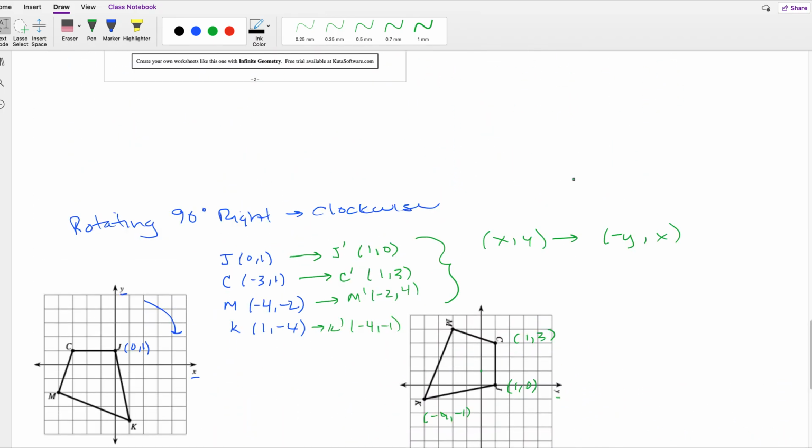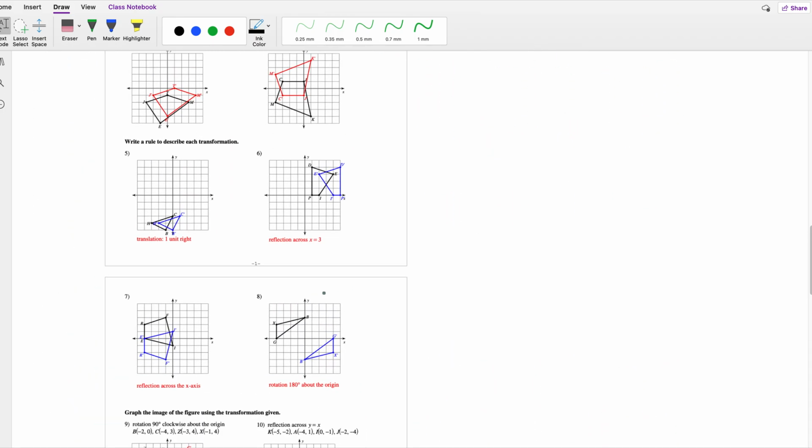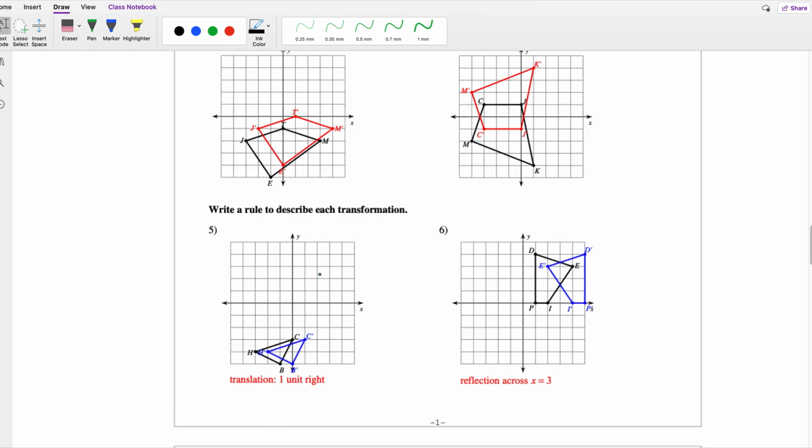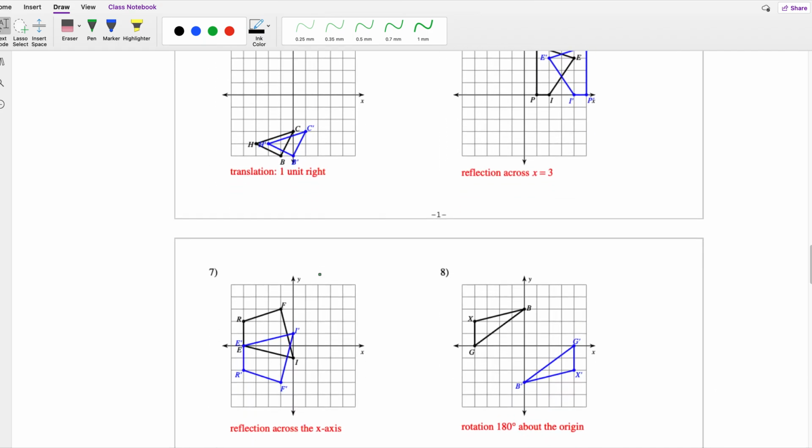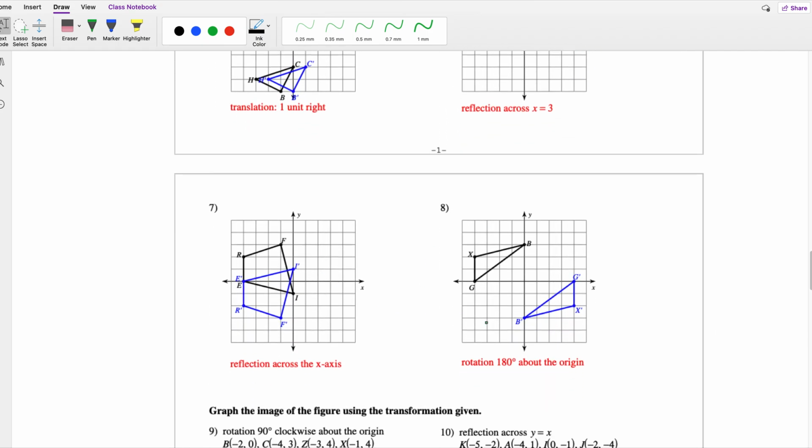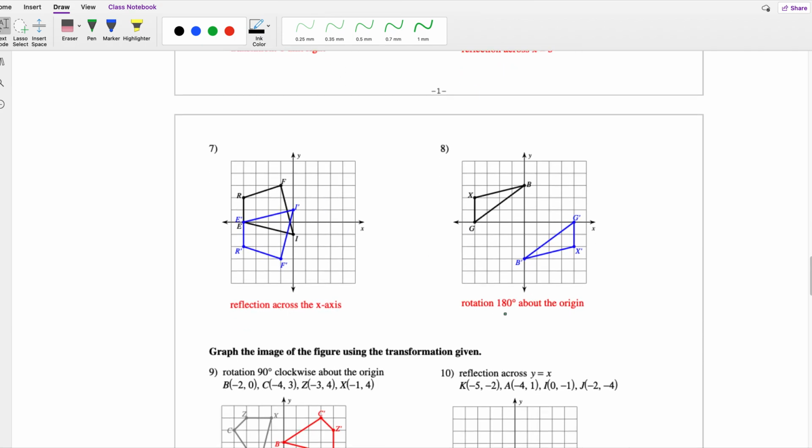In the questions that you were asked to look at in the homework, let me find those specifically. Those are right here. We were looking at this one. So this would have been what, A, B, C, D. So this could be considered a 180-degree rotation.